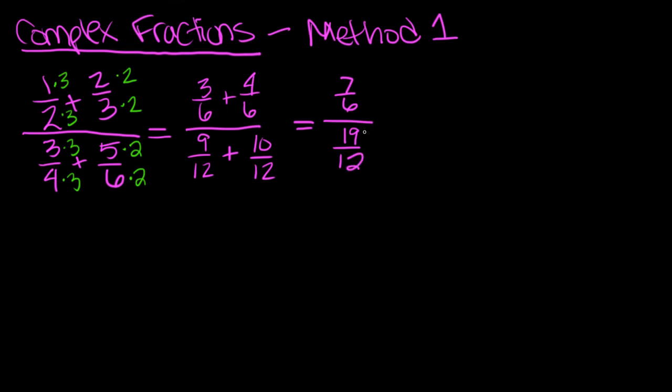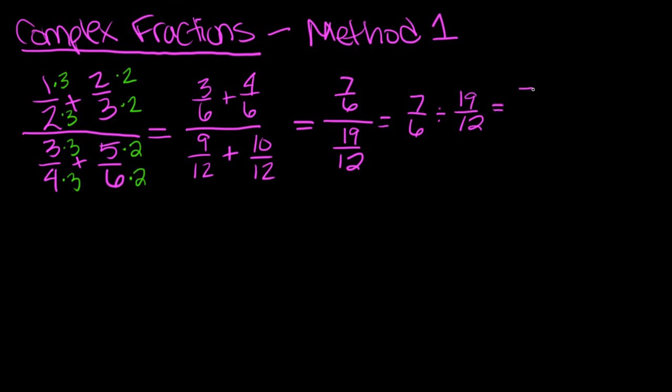Now this is where the important fact that a fraction is division becomes extremely helpful, because instead of looking at this as 7/6 over 19/12, let's think of this as 7/6 divided by 19/12. Because now I no longer have a complex fraction, and this problem becomes really simple. Because how do I divide fractions? Well, you flip the second and you multiply.